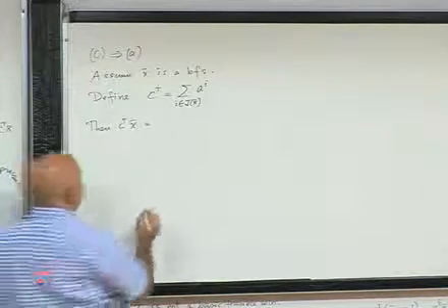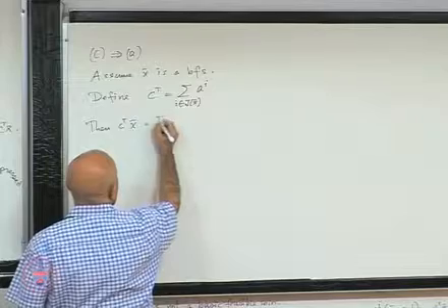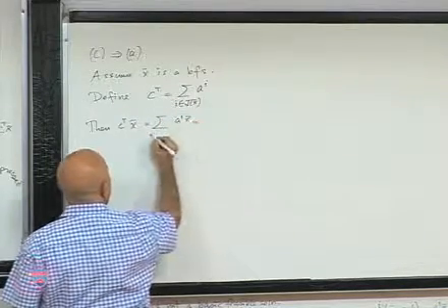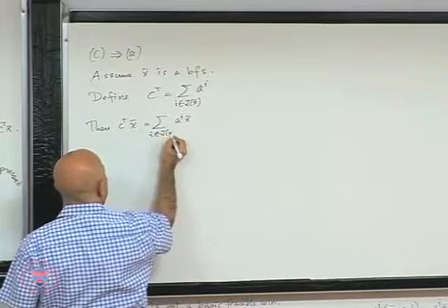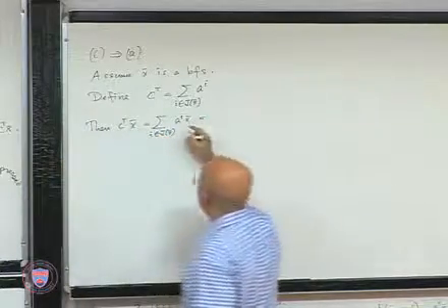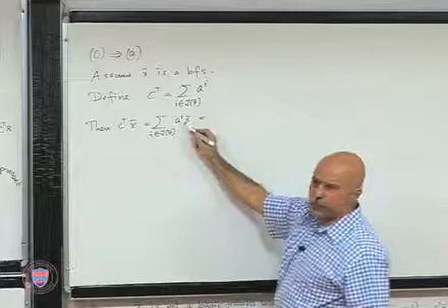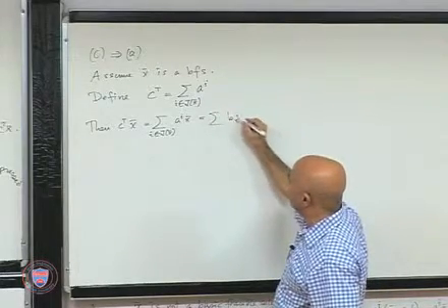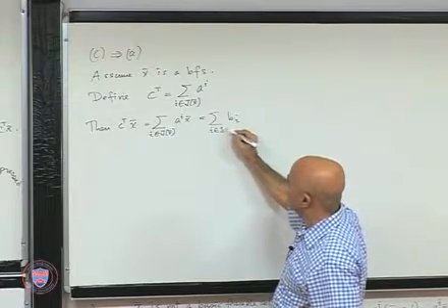Okay, c transpose x bar is then the sum of ai x bar, i in J of x bar. How much is ai x bar? Well, this part is bi, so this is simply the sum of the bi's, i in the active set.